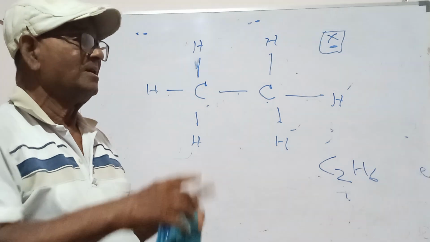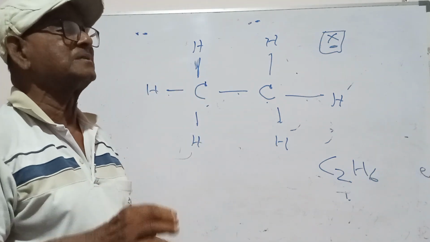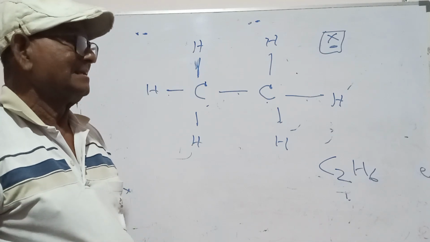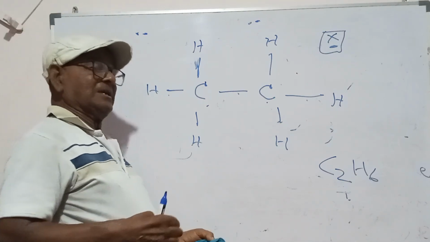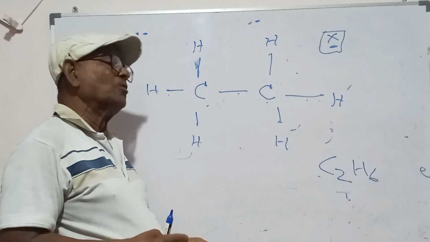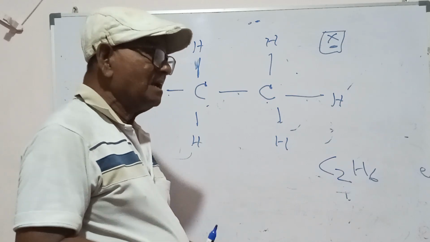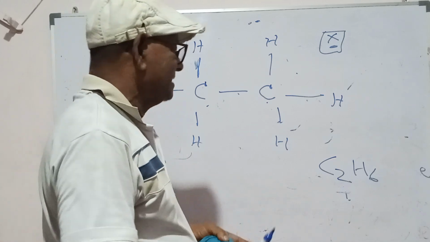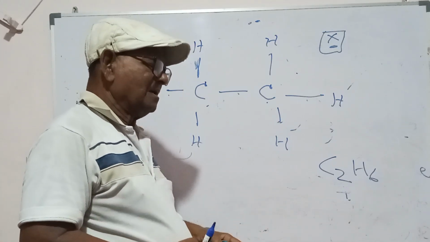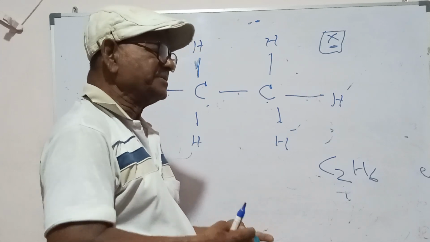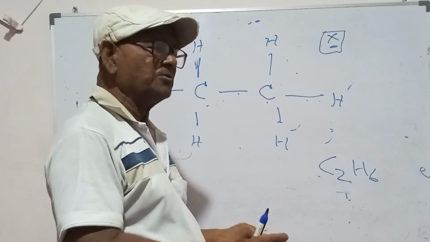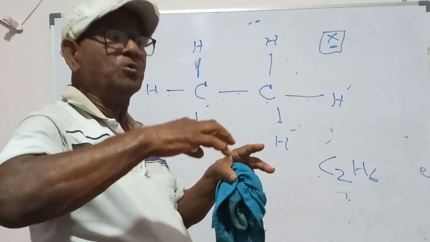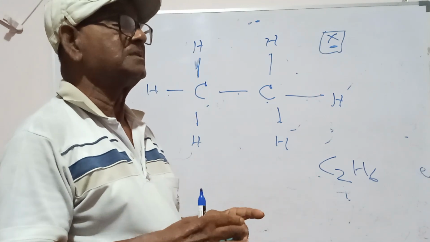Because it has 4 electrons at the outermost orbital. Then I will do more about covalent compounds, how they obtain their strength and energy, and I will do more about organic compounds in my next video.